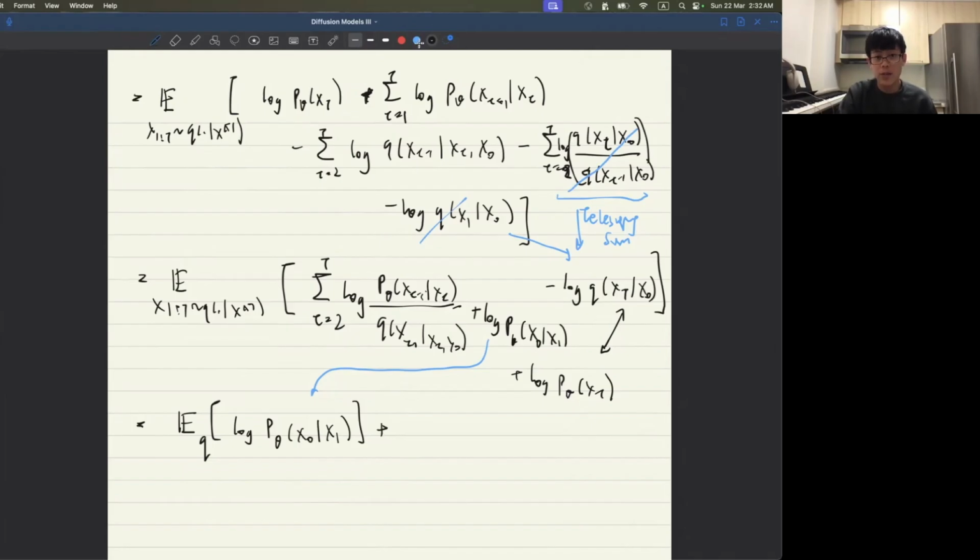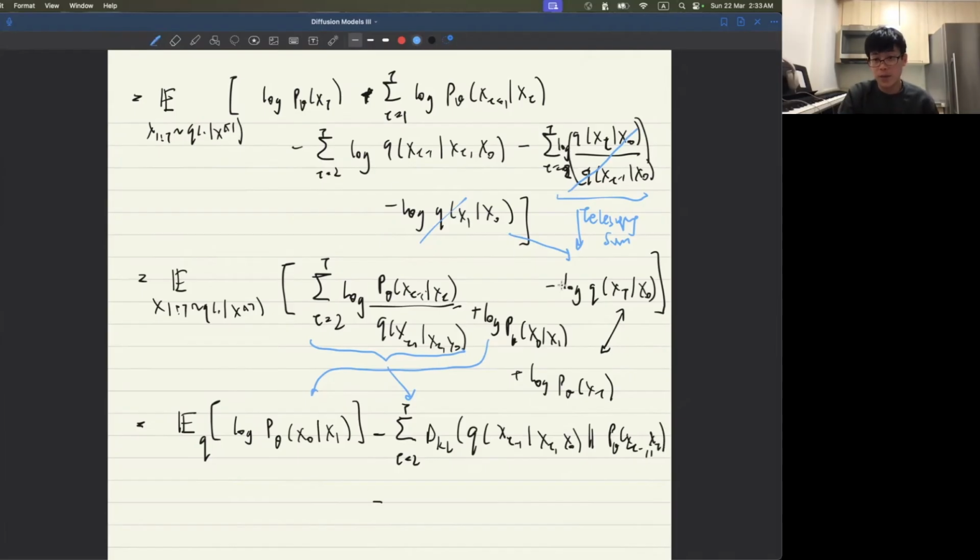And the second set of terms has more insight, which is that it can be written as the negative of KL divergence, right? It can be written as the negative of the summation of t equal to 2 to t, the KL divergence of the distribution implied by the forward diffusion process of that particular step, which is q xt minus 1 given xt and x0 with respect to p theta, which is the actual backward probability distribution for that step, p theta xt minus 1 given xt.